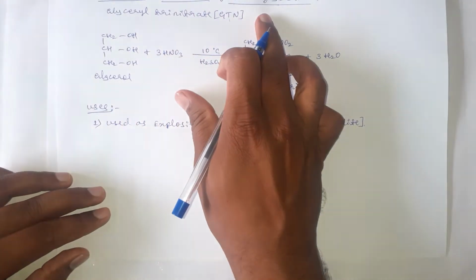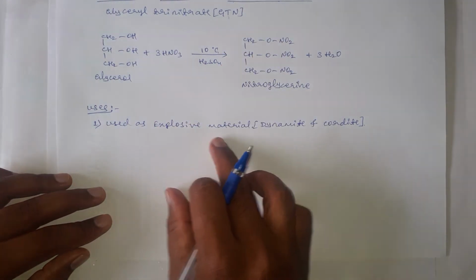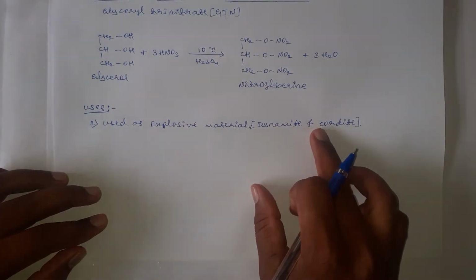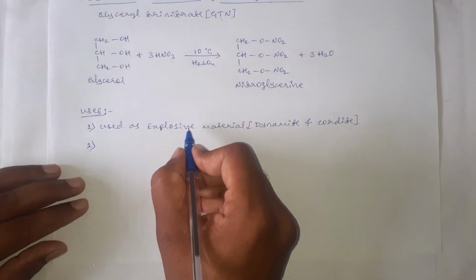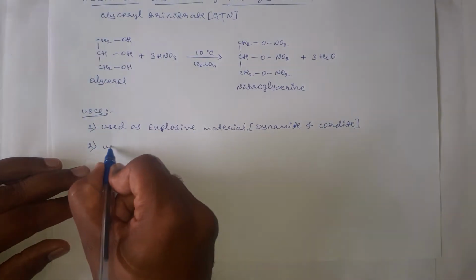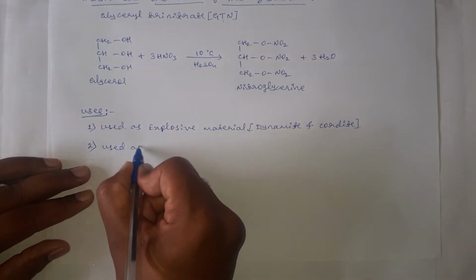This nitroglycerin can be used as an explosive material in the name of dynamite and cordite, and the other use of this nitroglycerin is in medicine.